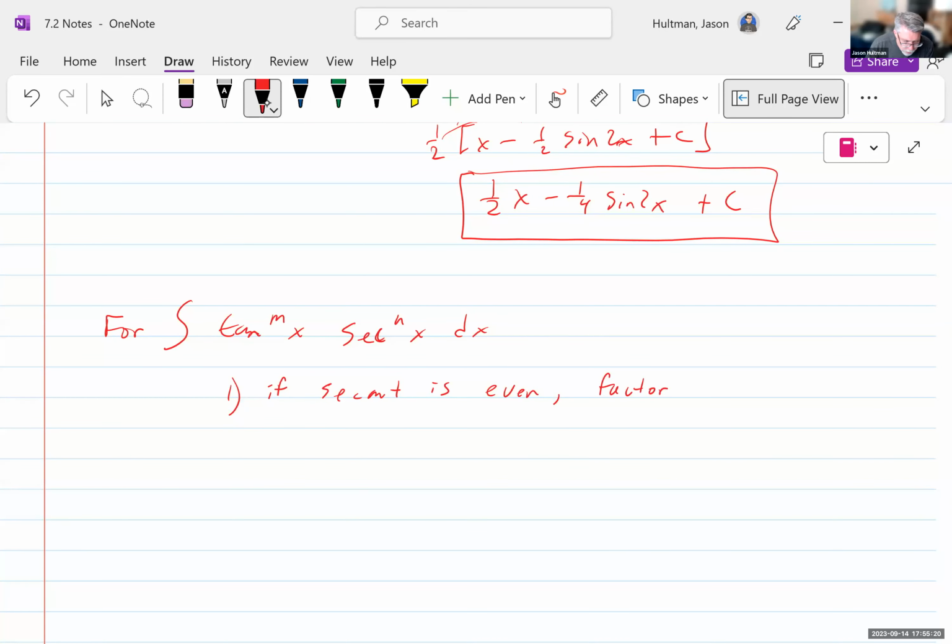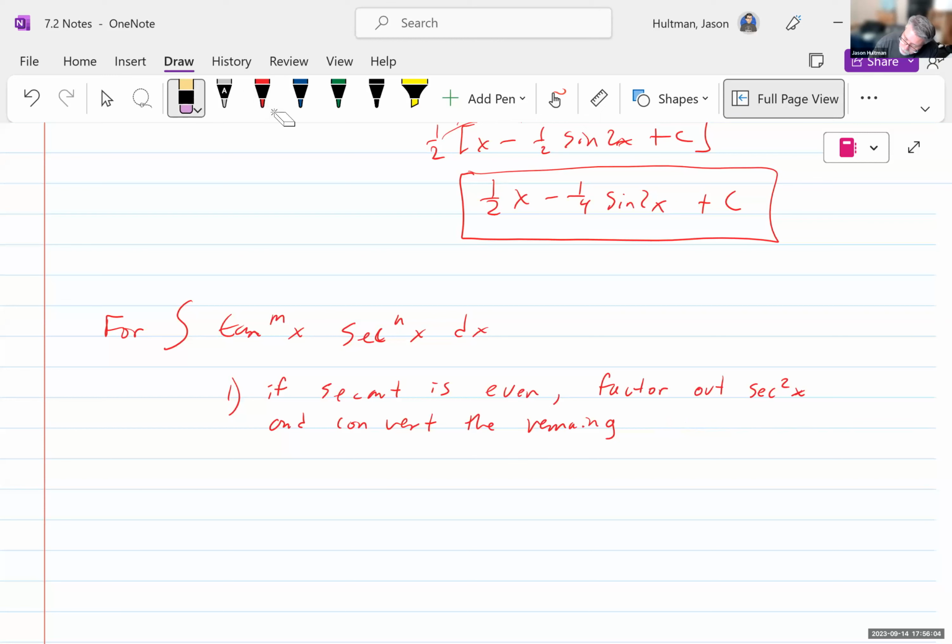factor out secant squared x, and convert the remaining secants to tangents.